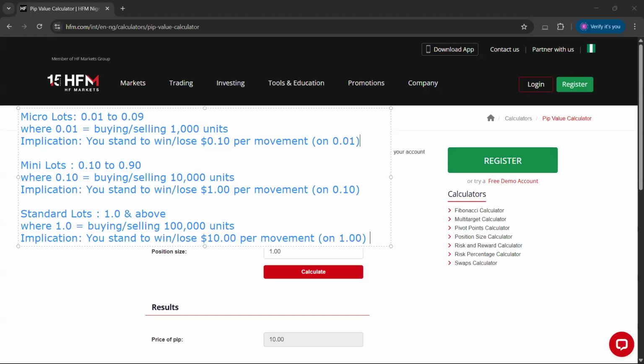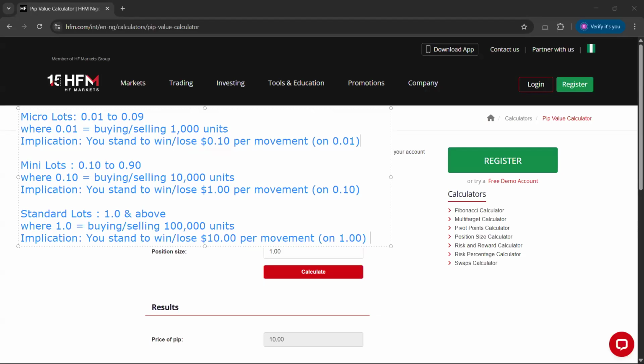So, in conclusion of this particular aspect, when it comes to lot sizes in the market, it's the quantity of transaction you're willing to take in the market, distributed into three different umbrellas: the micro lot 0.01 to 0.09, the mini lot 0.10 to 0.90, and the standard lot 1.0 and above.